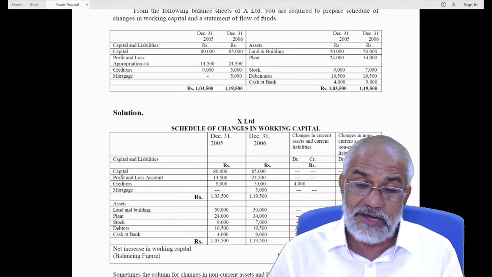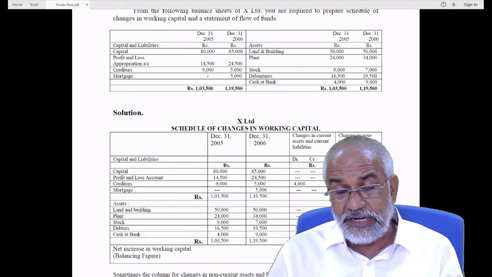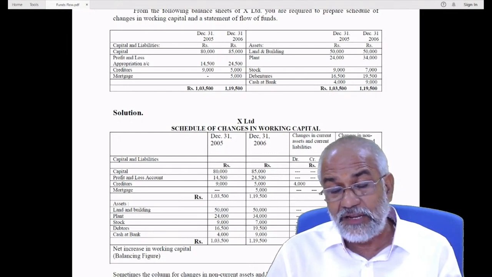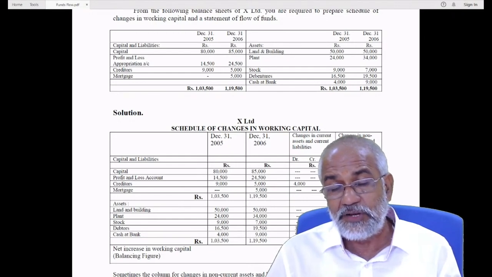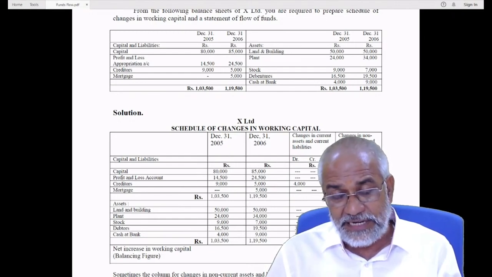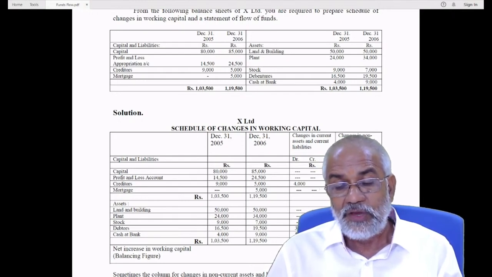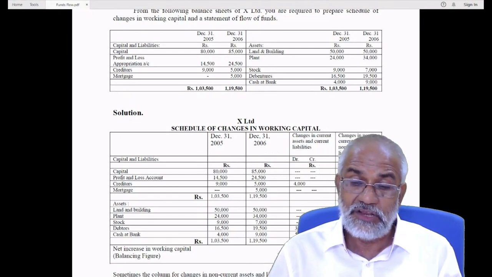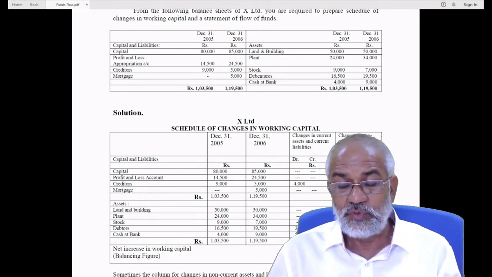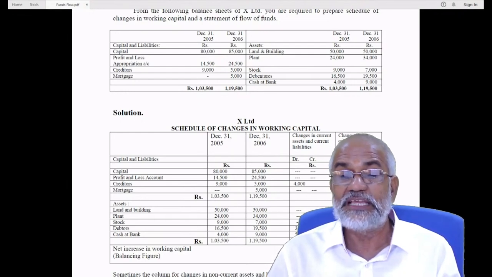When the same figure is coming as the balancing figure in the current category as well as in the non-current category, but in different columns, that means if it comes in the debit column of the current category, it must come in the credit column of the non-current category. If it comes in the credit column of the current category, then it must come in the debit column of the non-current category. When the same figure is coming for the current as well as the non-current category balancing figure, but in the opposite column, then you can ensure the correctness of the statement of changes in working capital.